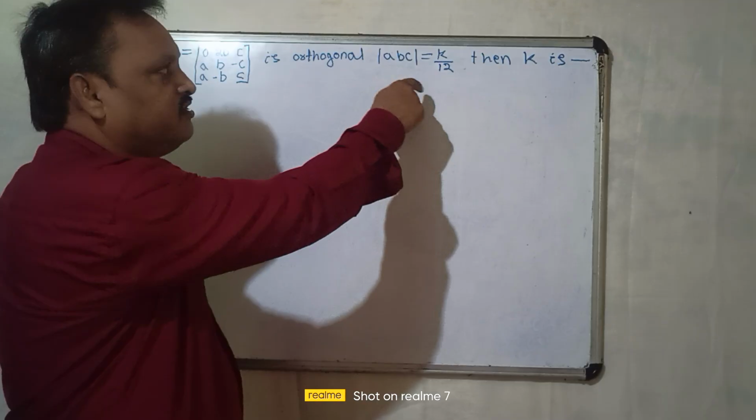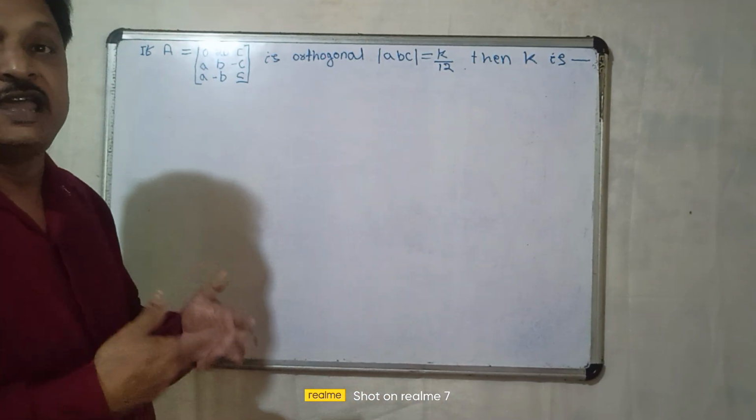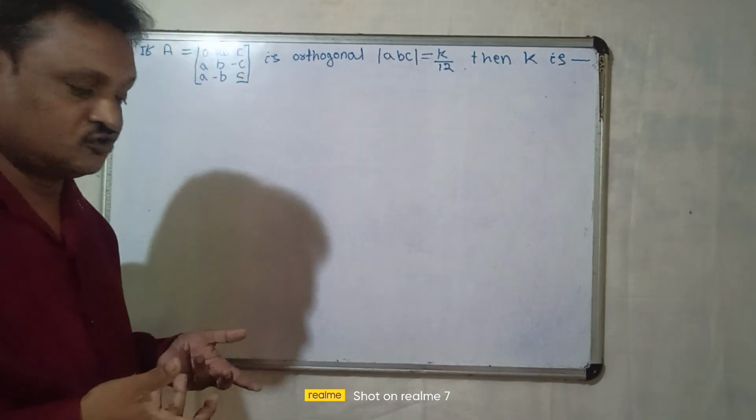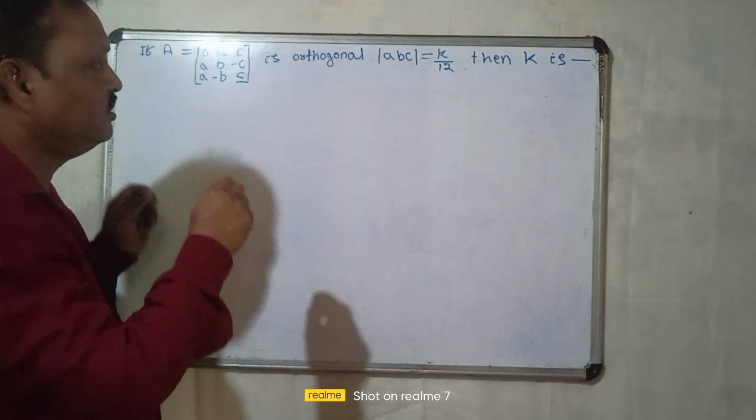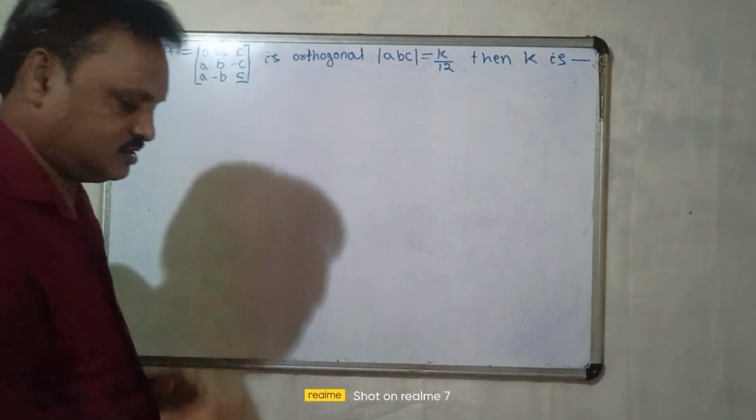Modulus of abc is equal to k by 12. Then what is the value of k? So how to solve these questions? This question is most important in JEE Mains and Advanced.